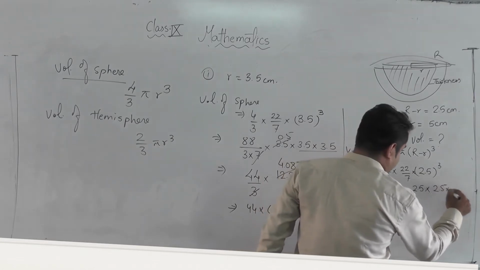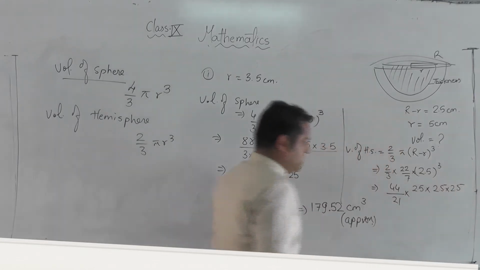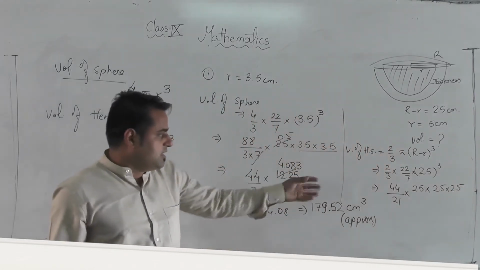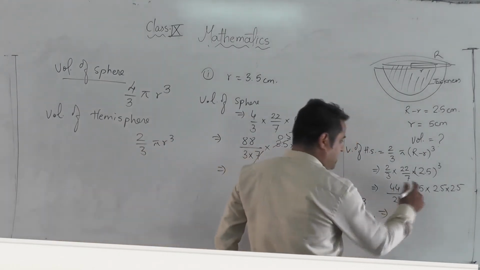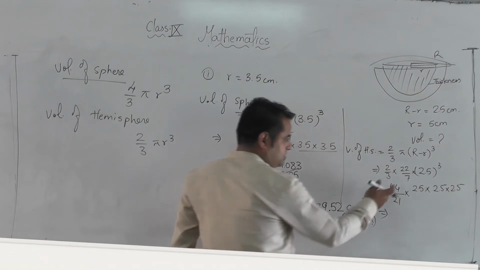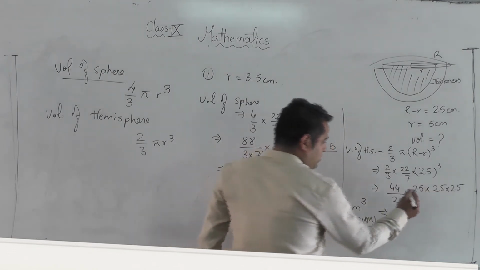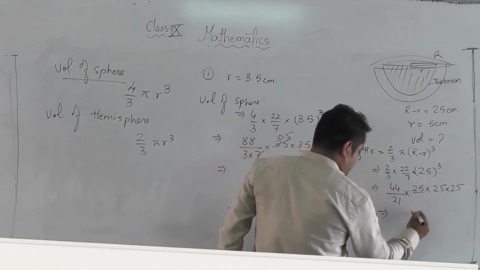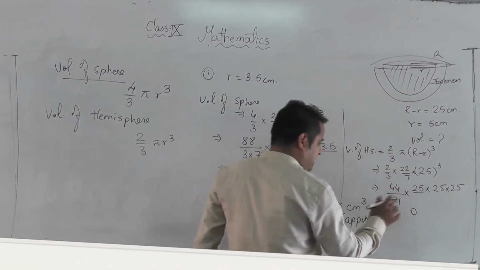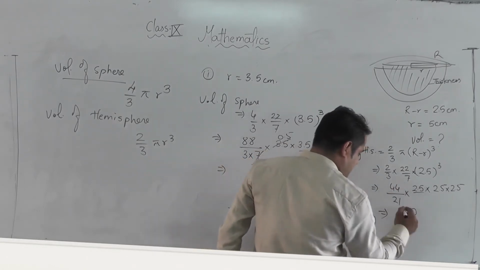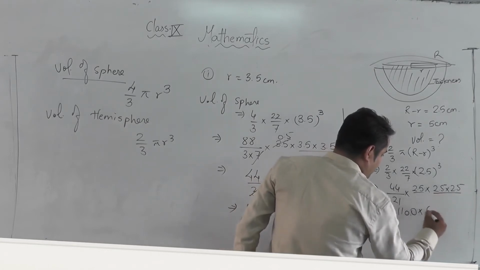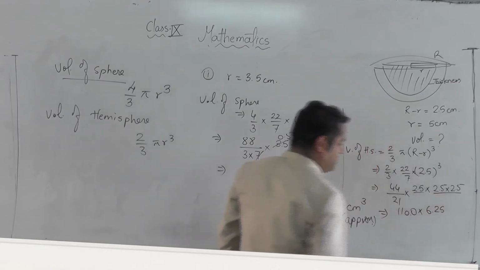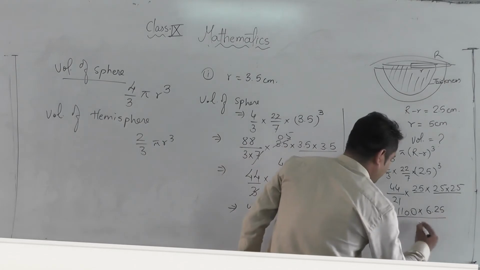Since nothing will be cancelled here, first I am multiplying the numerators. 25 times 25 is 100, 25 times 25 is 100, again 110 will carry forward, so that it will become 110. Again 2.5 will be 6.25, so 25 is 6.25, that's right.